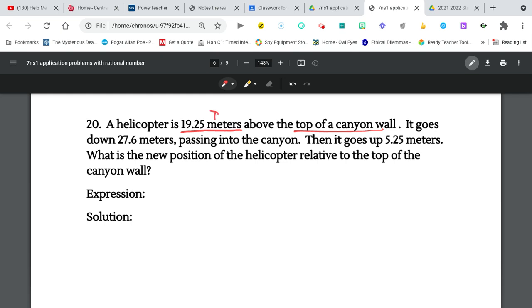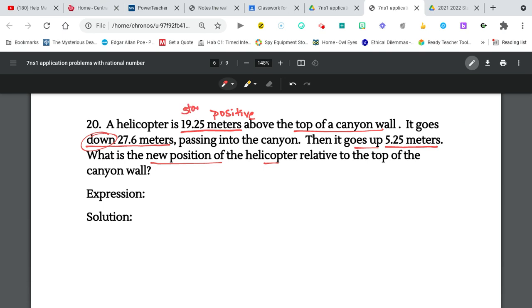So we know this is positive. It goes down 27 and 6/10 meters. I can either subtract that or put plus negative. Keyword: down. And then it goes up 5 and 2,500 meters. So what's the new position of the helicopter relative to the top of the canyon wall?